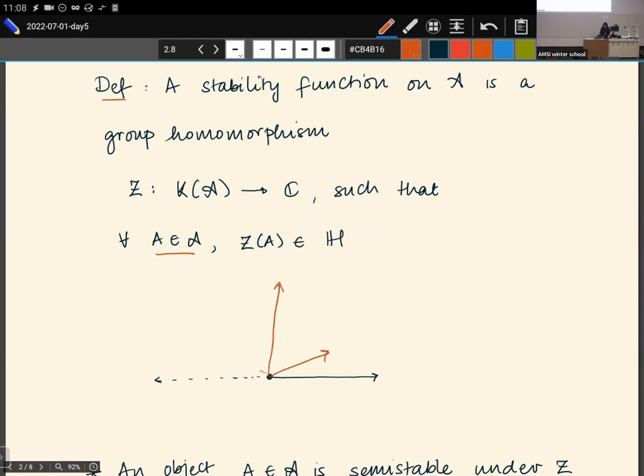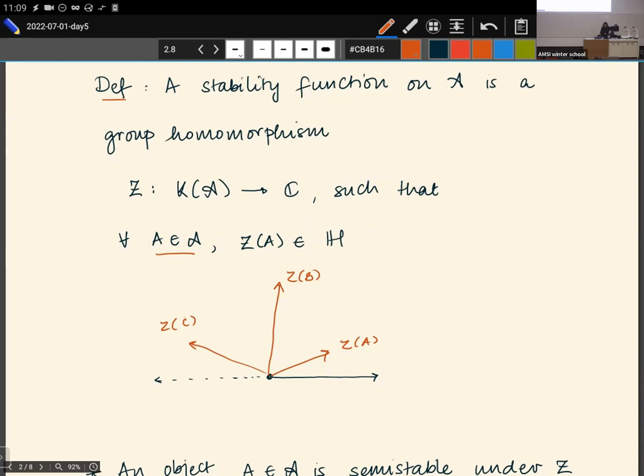Okay, so these might be objects in my category that go to various vectors in the upper half plane. And remember that this Grothendieck group is an abelian group. So if I have an object in my category, it also has a formal negative in the Grothendieck group, and that obviously should go to the negative vector, which is not in the upper half plane.